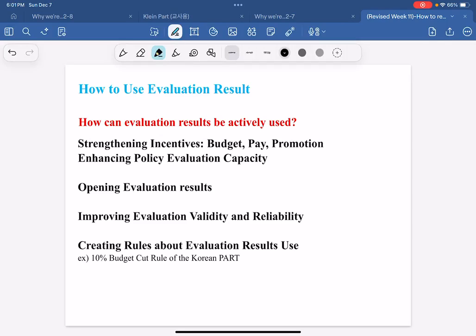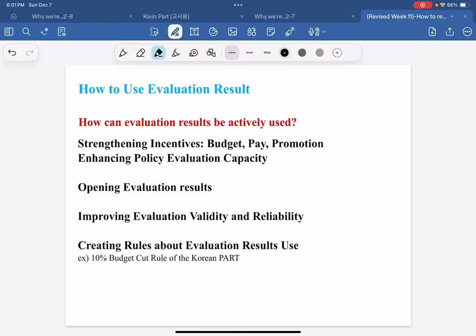Also, in many cases, public officials are very busy. They don't have enough knowledge and capacity to actively use evaluation result information, because they are not familiar with how to analyze and interpret evaluation results. Therefore, public officials need to participate in trainings to build their capacity to effectively use evaluation results.